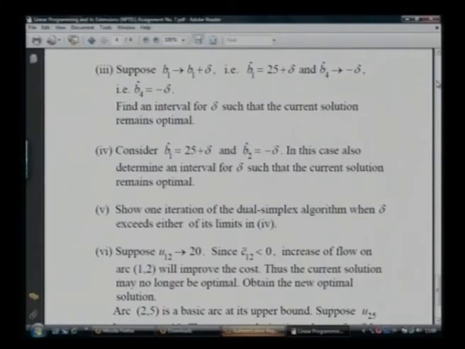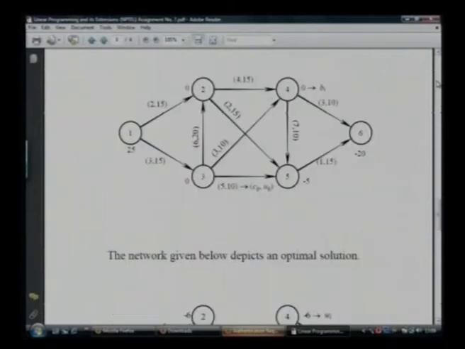We don't know by how much. Let's just verify. For arc 12, the capacity is 15. So if I am raising it to 20, then we have to see, can I send 5 more units on arc 12, that is, 5 more units from 2 to 1? That is what I have to find out, right? And then that will be feasible.